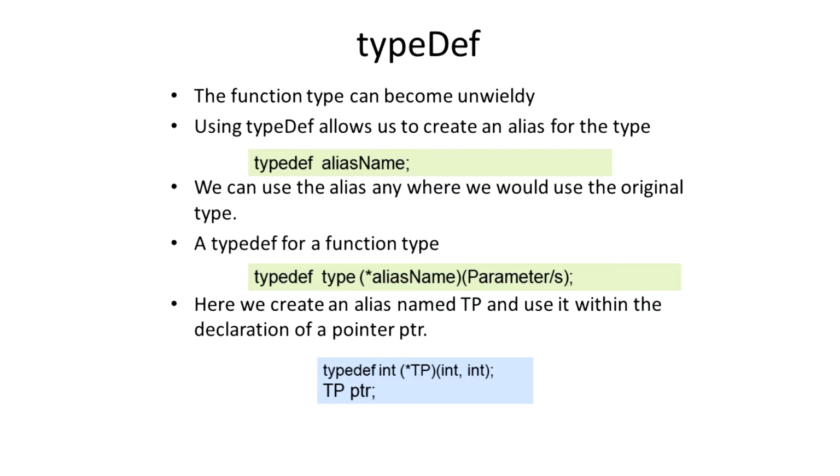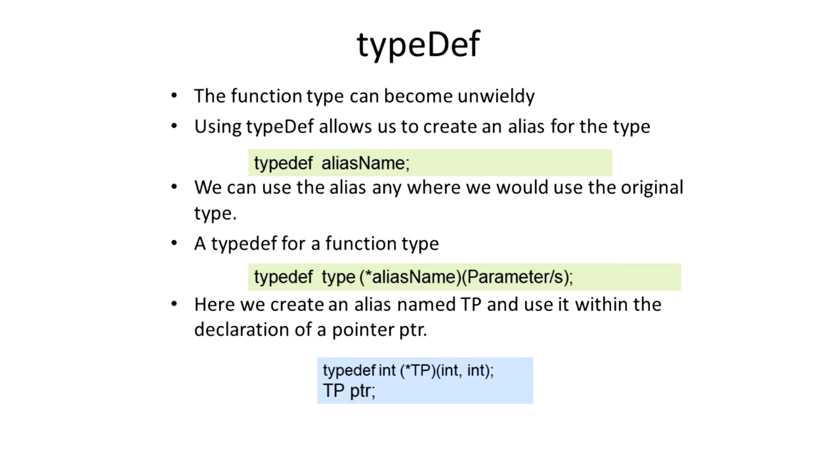So working with the previous example, that would have been the return type of int for the add function. And then we define the alias name, which is a pointer. Okay, so in this case, it's TP, with the asterisk there, and then followed by the parentheses, the actual parameters that are being passed to the function, which again, in the context of the add function, that's 2 integers.